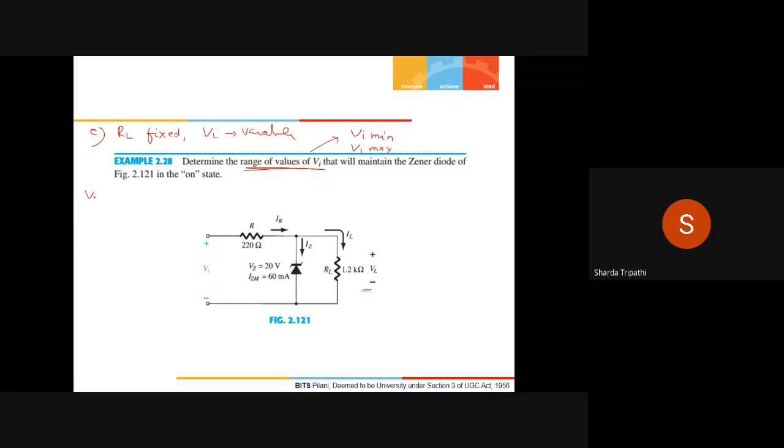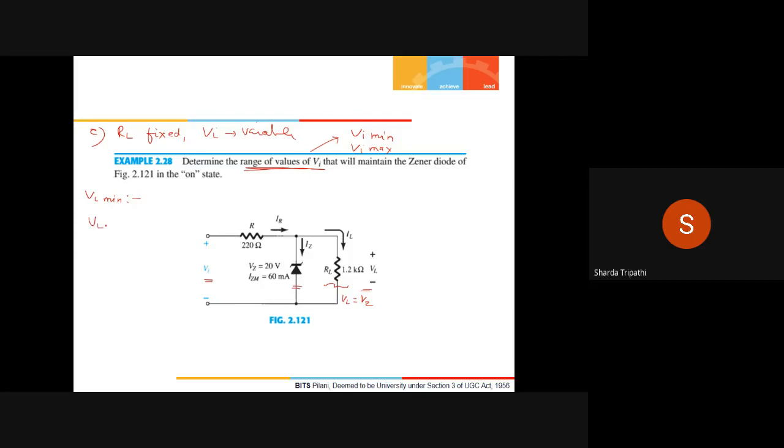तो VI min निकालने के लिए क्या करें? We are going to reuse the same condition: I have to increase VI so much such that ये जो डायोड है ये ऑन हो जाए, और जब ये डायोड ऑन हो जाएगा then the voltage across this load resistance will be equal to the breakdown voltage of the diode.